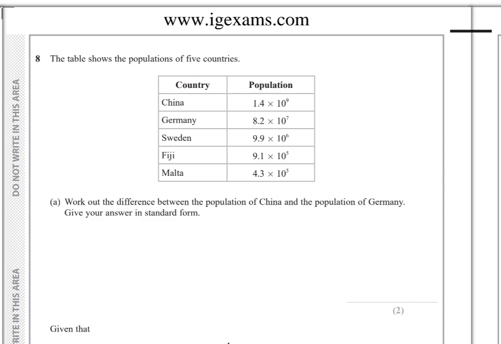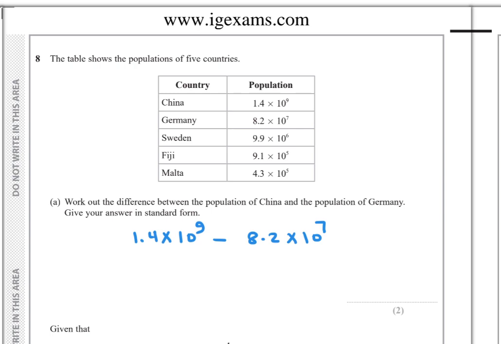Number 8. The table shows the population of 5 countries. Work out the difference between the population of China and the population of Germany. So 1.4 times 10 power 9 minus 8.2 times 10 power 7.